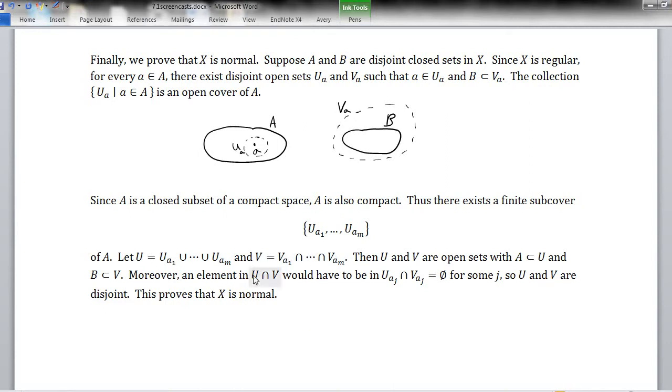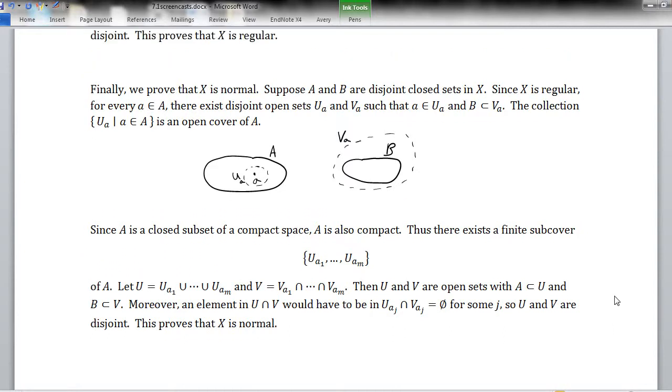If we had an element in the intersection, then it has to be in some U aJ, and it's in all the V aJ, so it's in the corresponding V aJ in particular. But if it's in both of those, then the intersection of those two is the empty set by construction up here. These are assumed to be disjoint, and so we don't have any elements in U intersect V, and the intersection is empty, so U and V are disjoint, proving that X is normal.